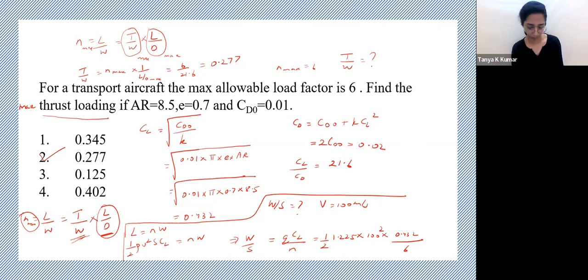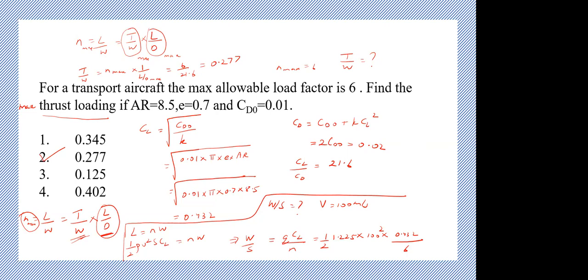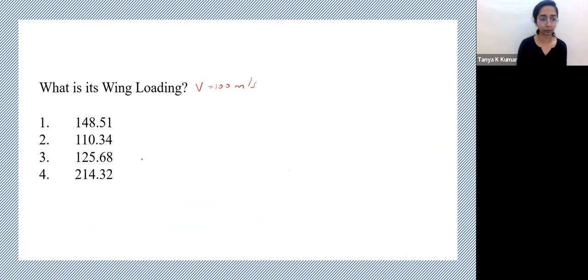How much is the value? 445 it is. Since I've just taken a random value, it will not match any of these options, but the wing loading we just calculated was q CL upon n.